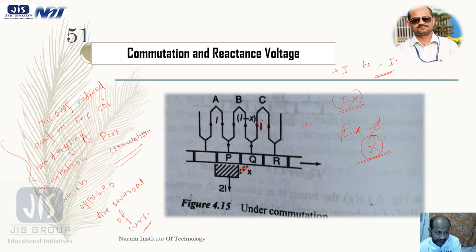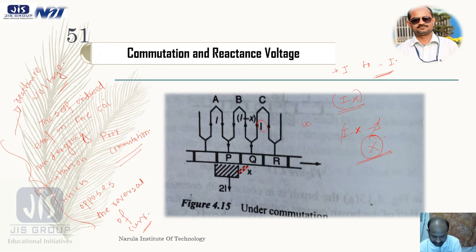This is known as reactance voltage. It is the self-induced EMF built in the coil, and this is the reason for poor commutation. It opposes the reversal of current in the coil which is undergoing commutation.